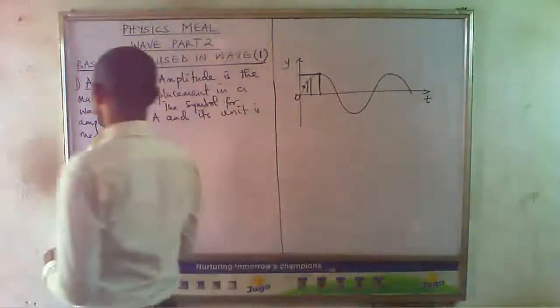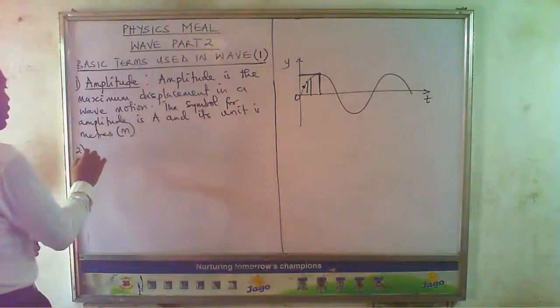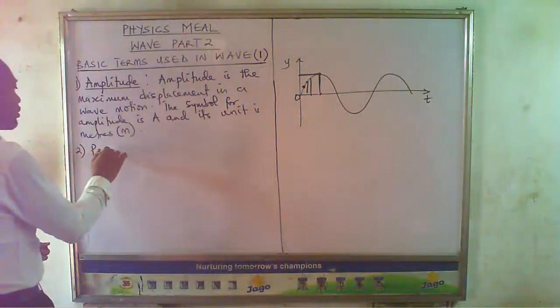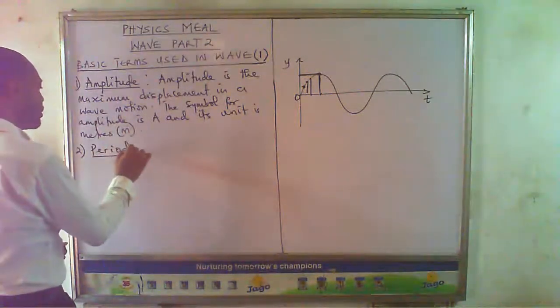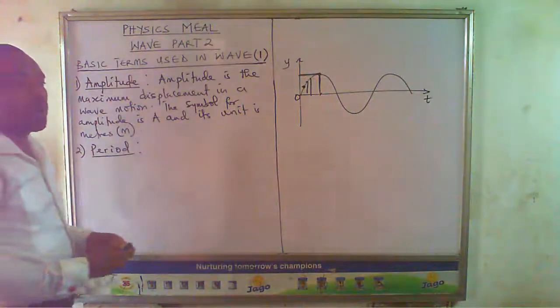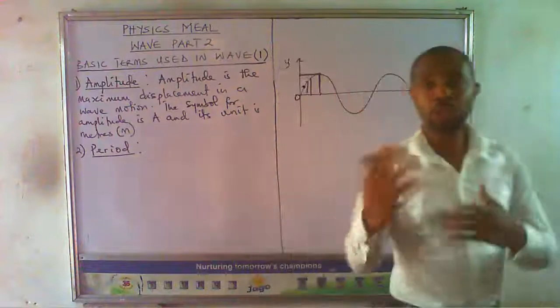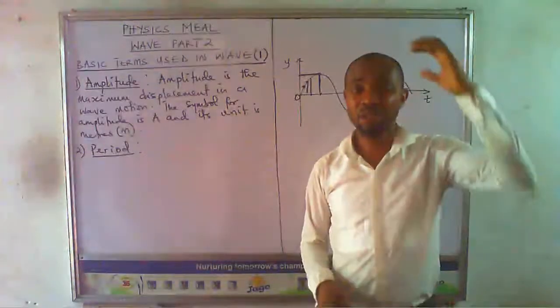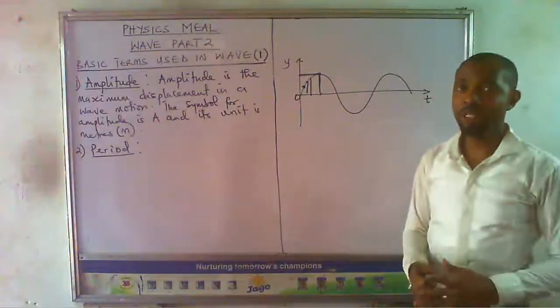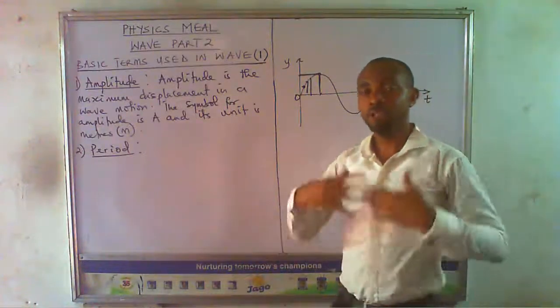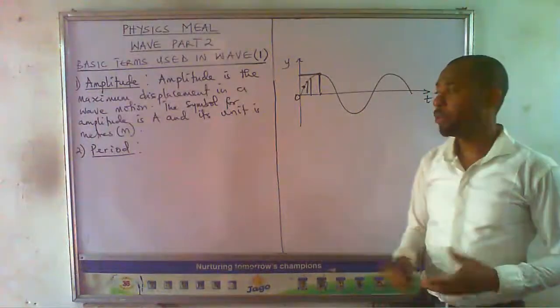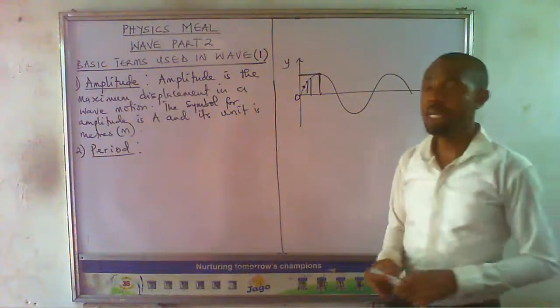Now, the second term we are going to look at is the period of a wave. We know that when you do simple harmonic motion and circular motion, you know about period, when you say something is periodic. But in wave, what do we mean by period?